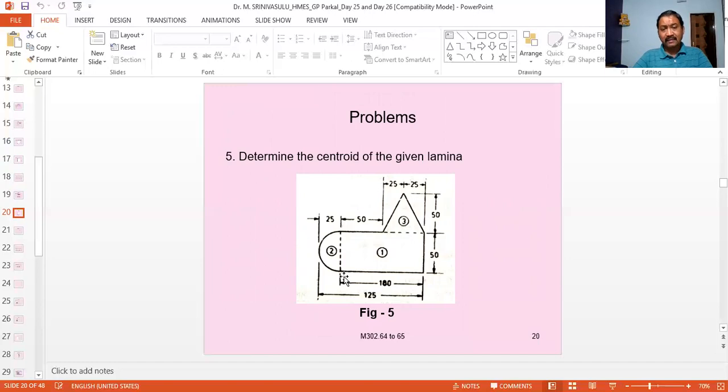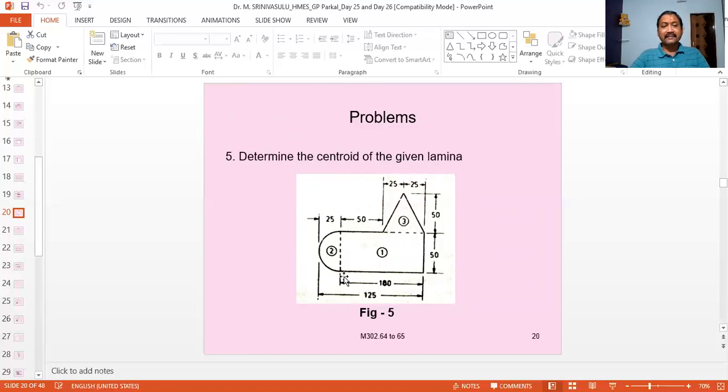That means this section is having a special shape, and here it is neither symmetrical to the x-axis nor symmetrical to the y-axis. So therefore we need to find out both the coordinates, that is the x bar and y bar for the given figure.